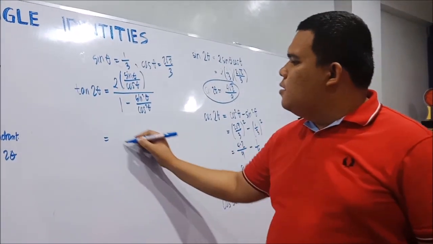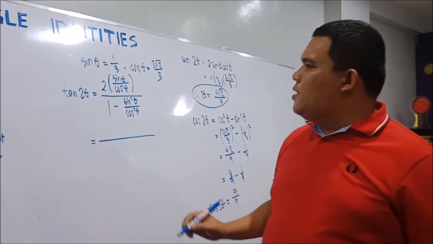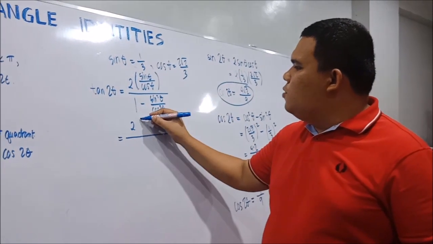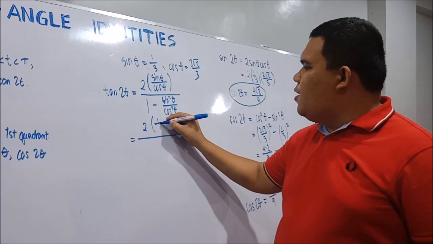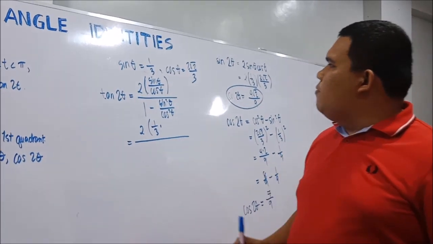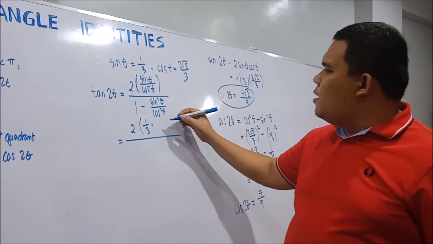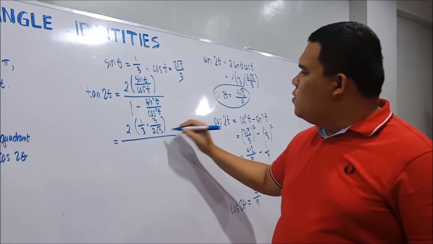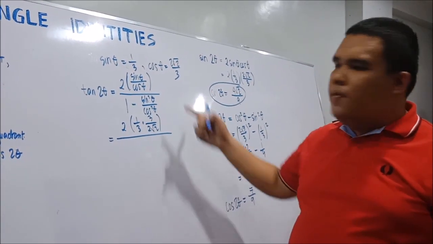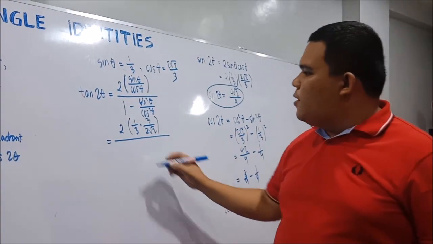Right. Substitute the values for sine and cosine theta. We have 2 times sine theta is just 1/3. We multiply it with the reciprocal of cosine theta, that is 3 over 2 square root of 2, since we have a division in this part here.